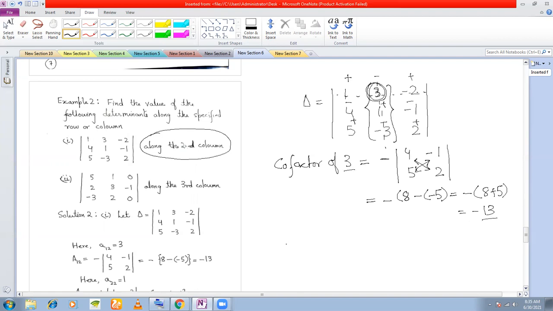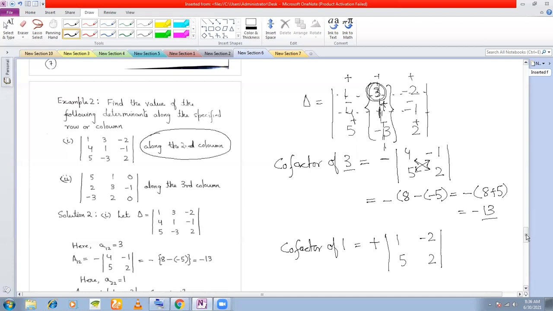Next we proceed to find the cofactor of the next element, which is 1. What is the sign here? It is a positive sign. Now you hide this row and this column. What will you get? 1, -2, 5, 2.